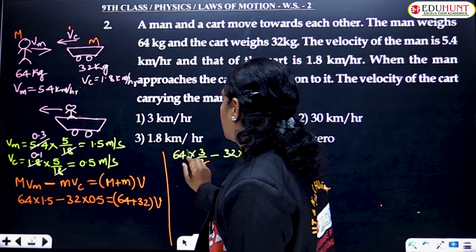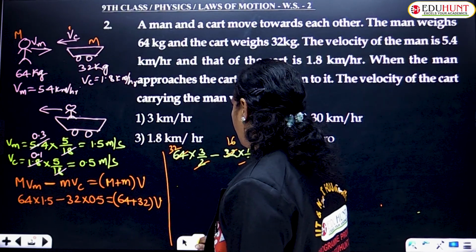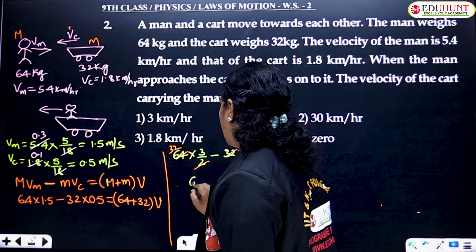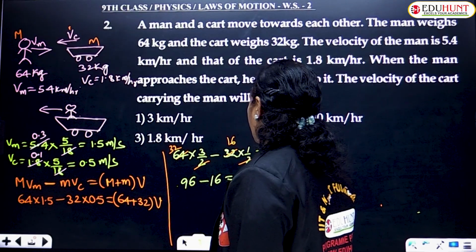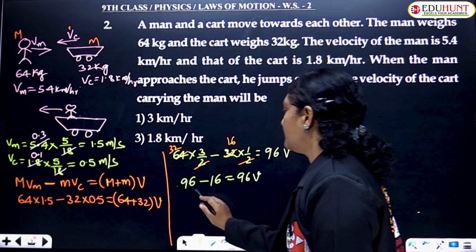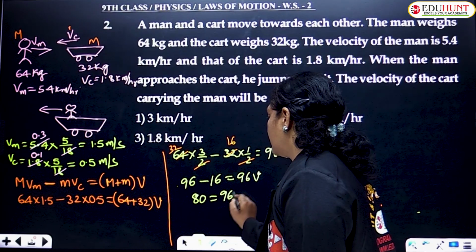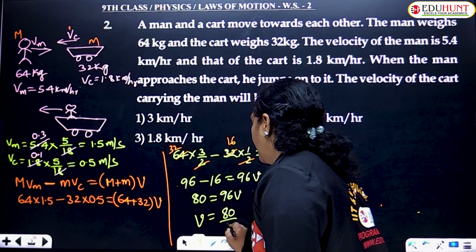Well, 2 goes 32 times, whereas this 2 goes 16 times. Further multiplication gives 32 into 3 is 96 minus 16 equals to 96 into V. So 96 minus 16 is nothing but 80 equals to 96V, or V is equal to 80 by 96.